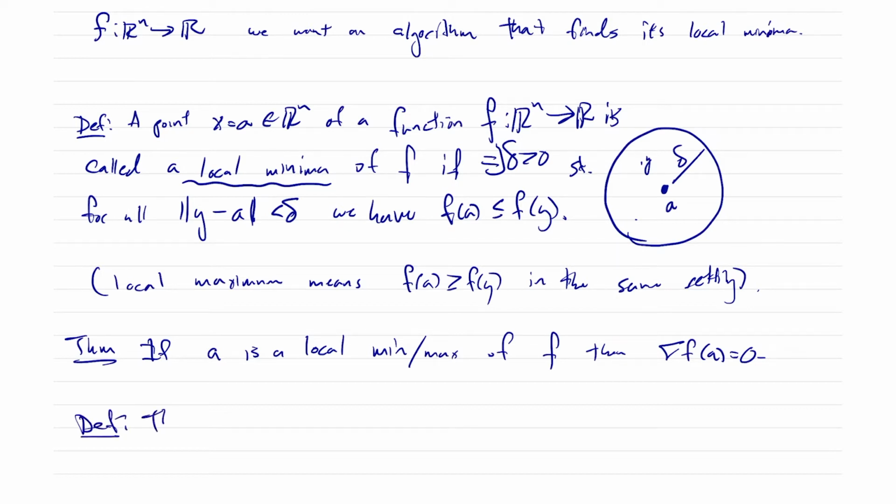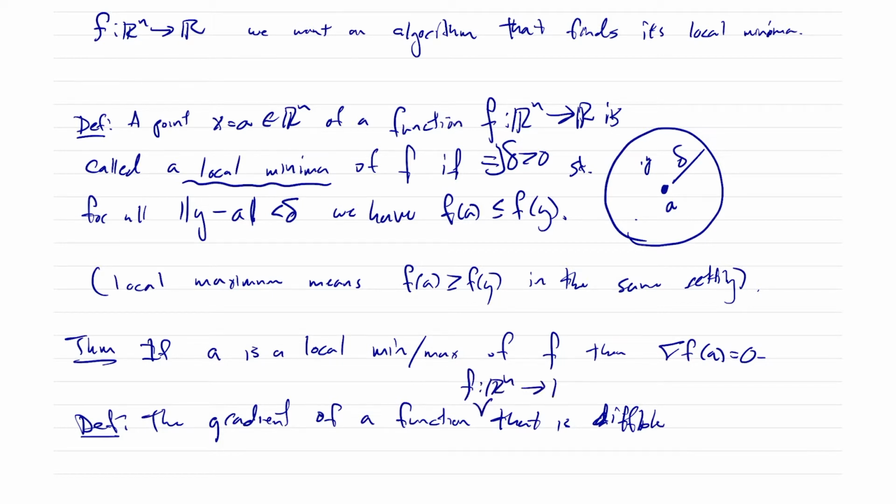And if you don't remember, so definition, the gradient of a function that is differentiable f from Rn to R is defined as this. And so it's going to be the gradient of f at x, and I'm going to use angle brackets to represent a vector in this case.